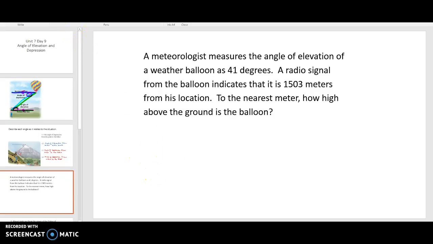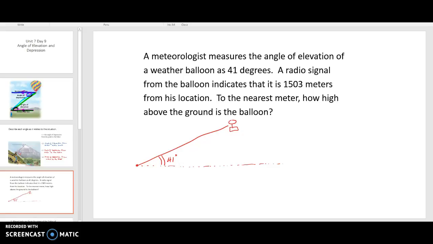Right away, what you have to understand here is you're starting here, and picture this being your horizontal line of sight. It says a meteorologist measures the angle of elevation of a weather balloon at 41 degrees. So if the balloon is up here, you're looking up at this balloon and it creates a 41-degree angle.